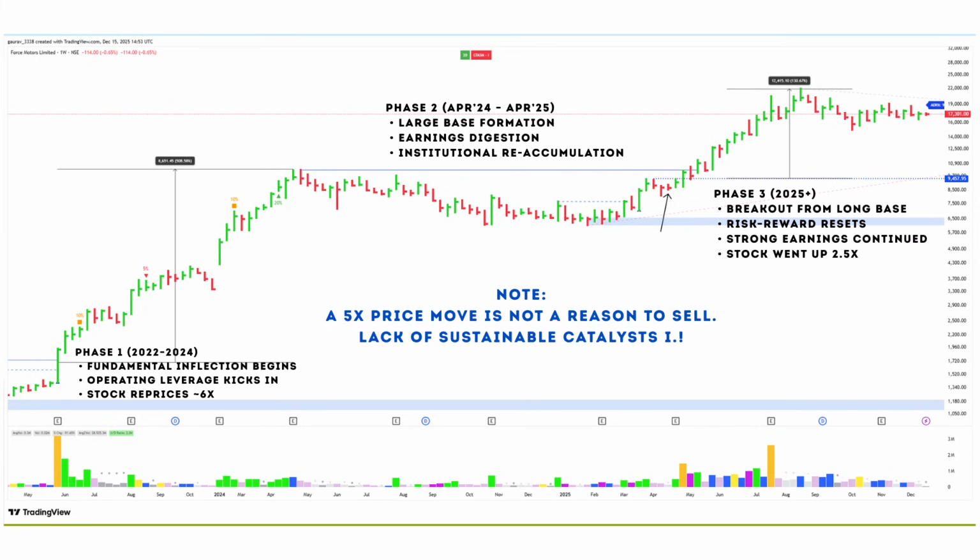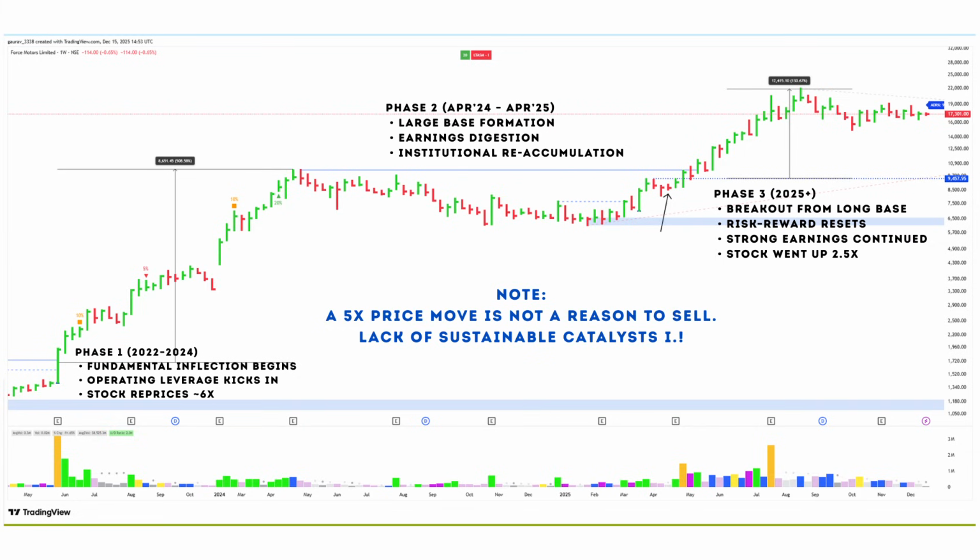Then comes phase 2, which is April 2024 to 2025. After a sharp 5x, 6x kind of return within a year, the stock will definitely need to do some digestion, so earning digestion as well as price digestion. The stock went sideways for almost a year, and this is the point where institutions re-accumulate these stocks.